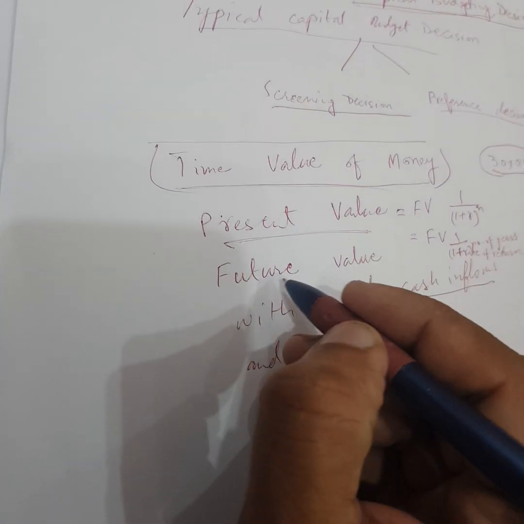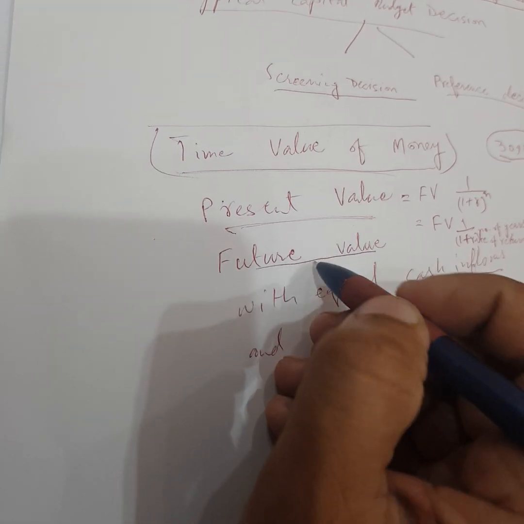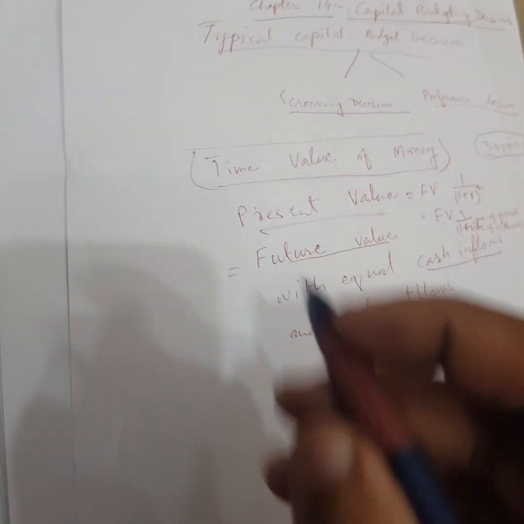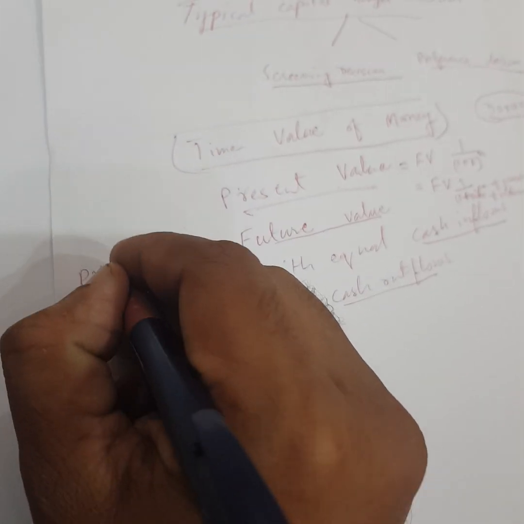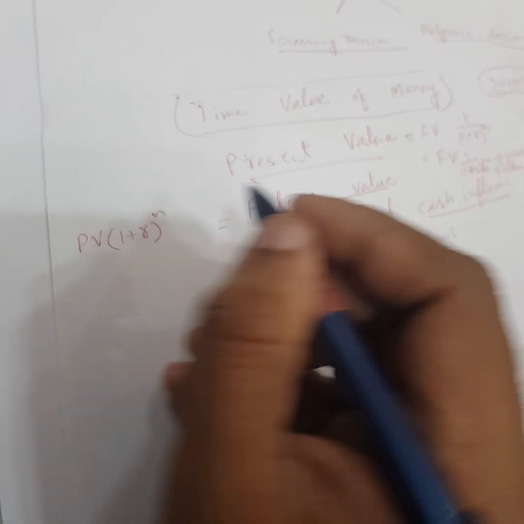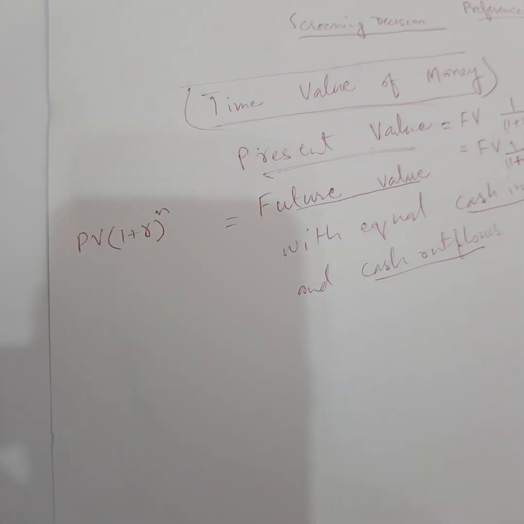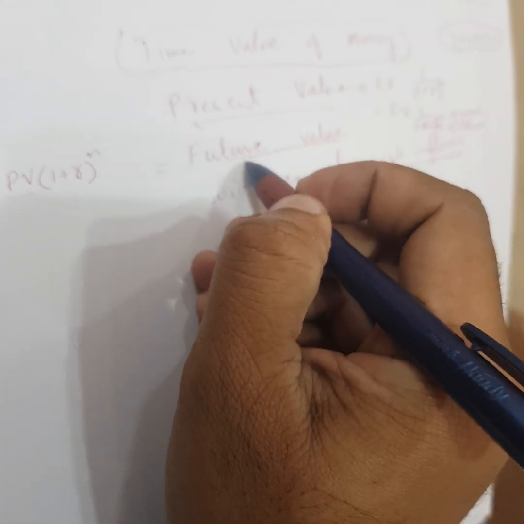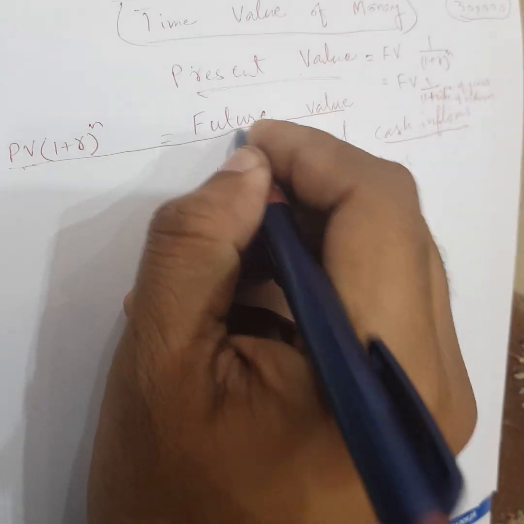In the same way, if we want to know the future value of the present value, our formula will become present value into 1 plus rate of return raised to the number of years. Our today's investment return in the future will be calculated by this formula.